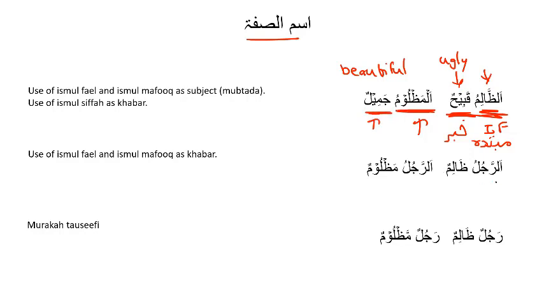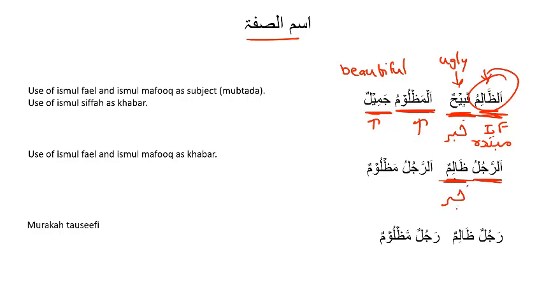Next example, ar-rajulu zalimun. So what does this mean? The man, so this is just a regular ismu zat, right? Just a regular man. Zalimun here is the sifa. Here zalimun is still an ismul fa'il, but here it is the khabar.